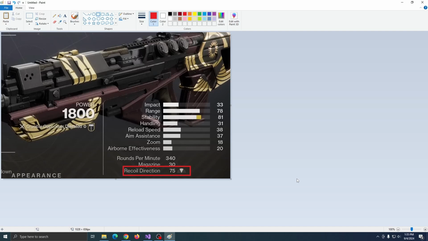Now, if we take a look at Destiny's recoil direction stat, you can see that the higher the number, the tighter the cone is going to look. And what immediately comes to mind when I see this is the normal distribution, right?